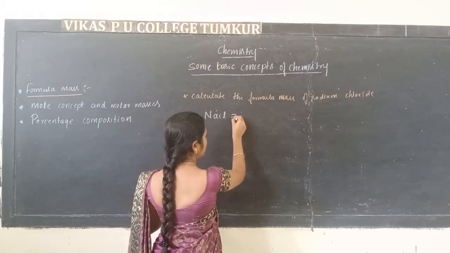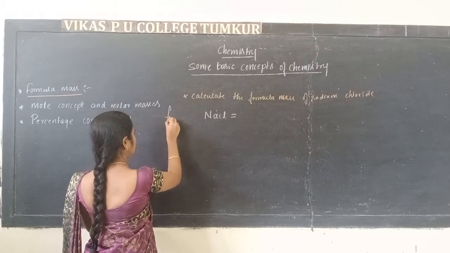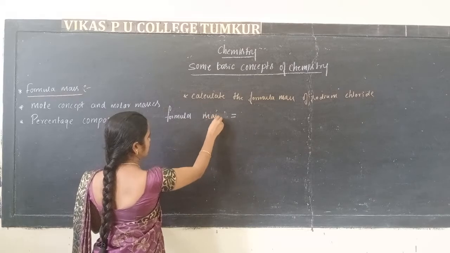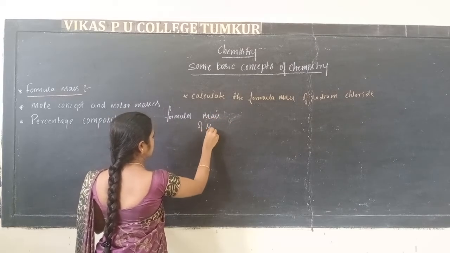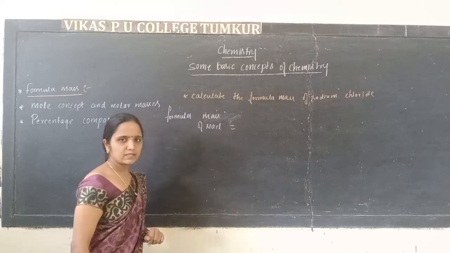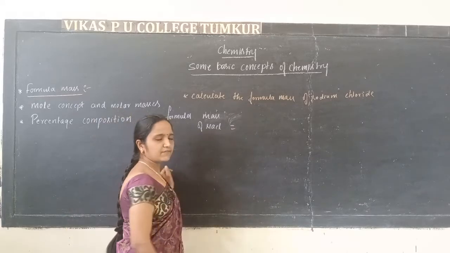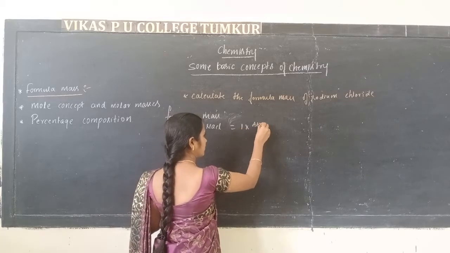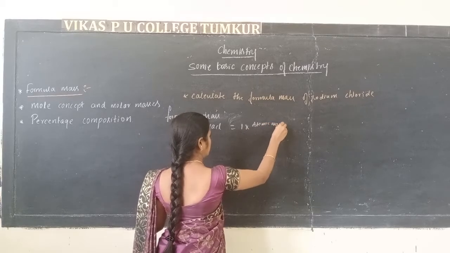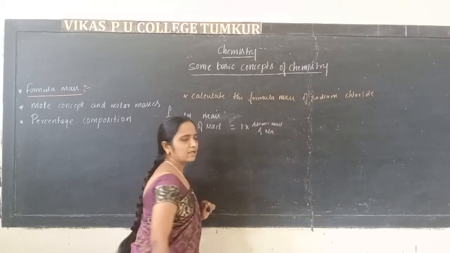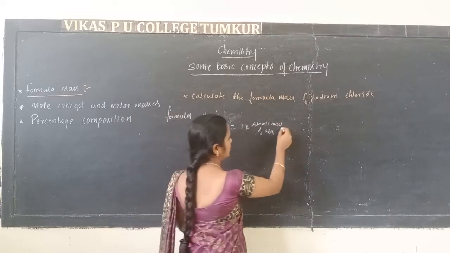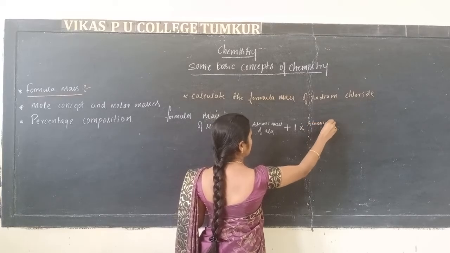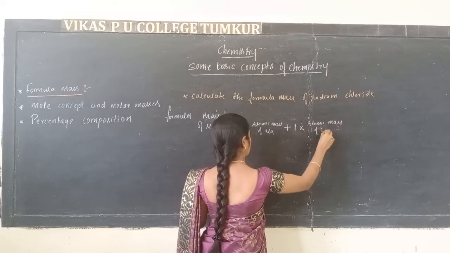So the formula mass of NaCl is equal to, the number of cations in this is 1, so 1 into the atomic mass of sodium, plus 1 into the atomic mass of chlorine.